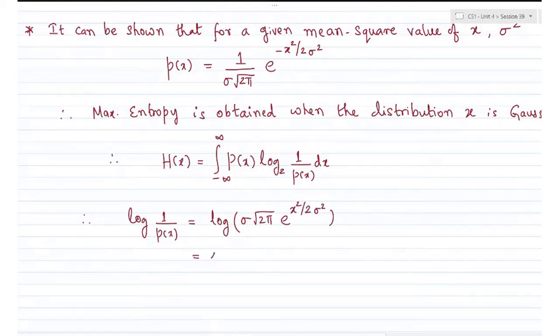This can be written as logarithmic of 2 pi sigma square exponential x square over 2 sigma square.